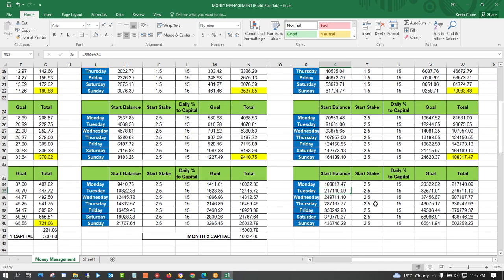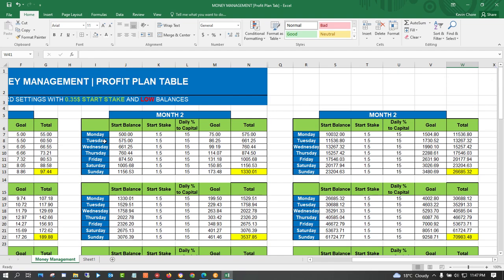So look here, by the end of month 3, this is what we'll be having in your account. You see how it goes? And then you maintain the 15% daily capital. Okay, you just maintain 15% of your daily capital. You just don't be greedy that you're going with the 20%. You're just maintaining 15% of your daily capital.